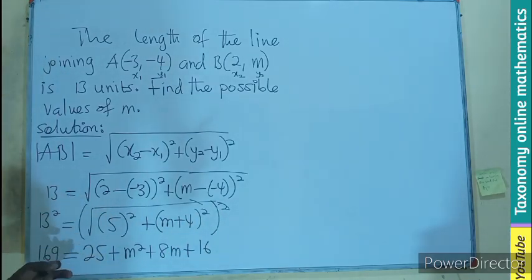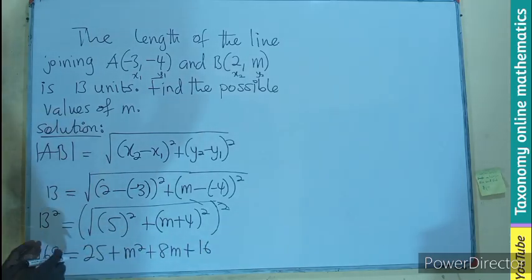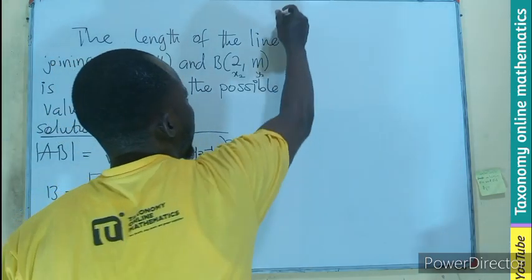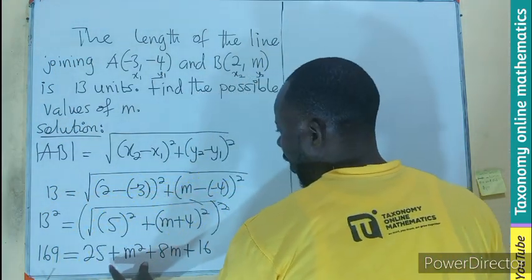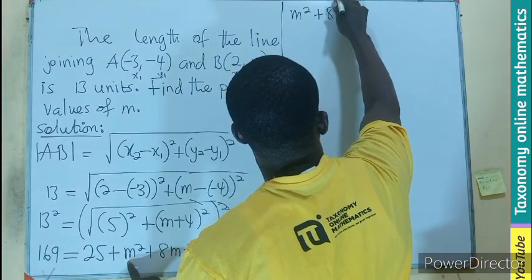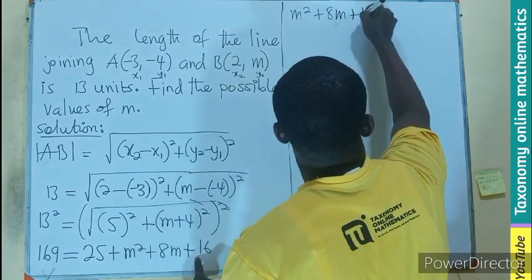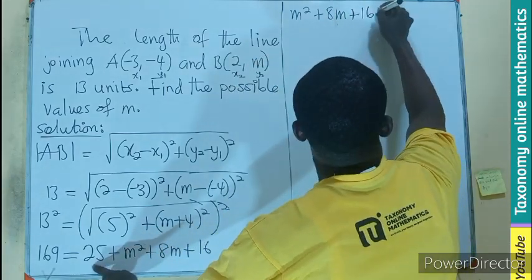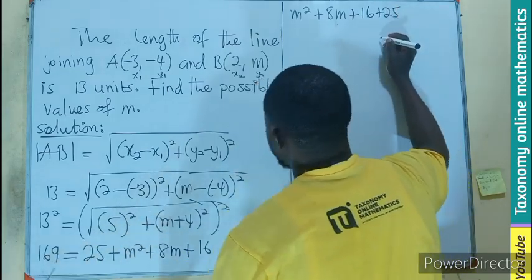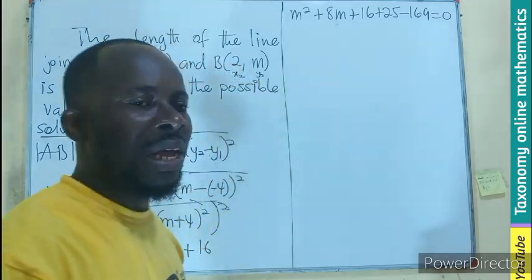You can see here that I have constants and variables, so I can push all of them to the right, meaning the positive 169 will also be transposed to the right. So beginning with m squared plus 8m, then I have plus 16 plus 25, then minus 169, leaving 0 at the other side.